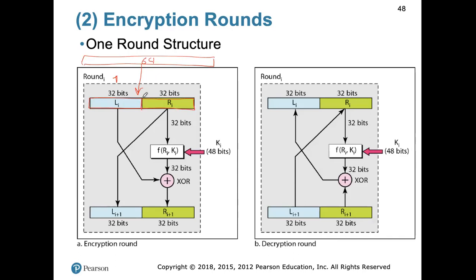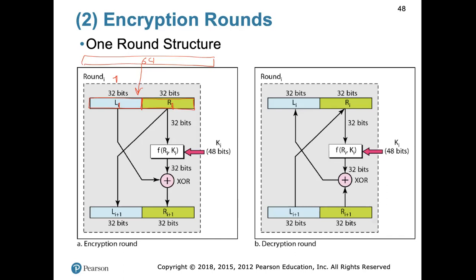The algorithm breaks that data into 2 parts. 32 bits at the left, 32 bits at right. So this is called L1 and R1. It means the left side of that 64-bit data, 32 bits at the left side, 32 bits at the right side.